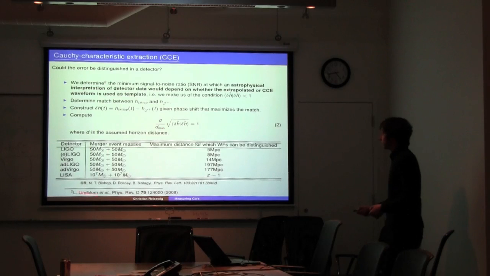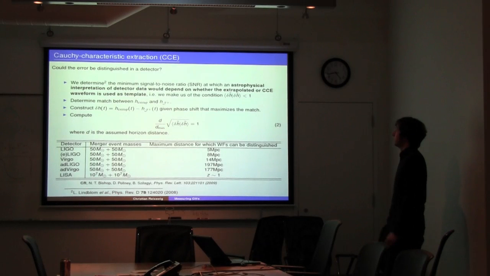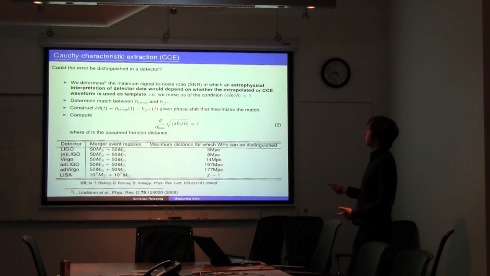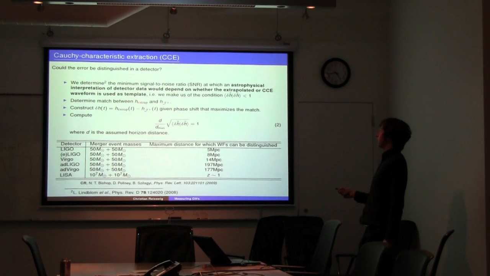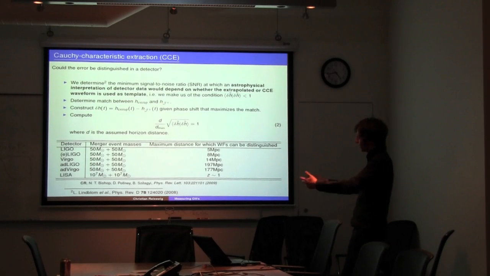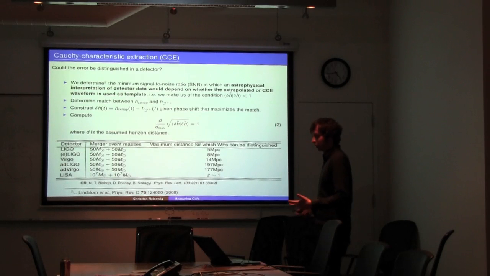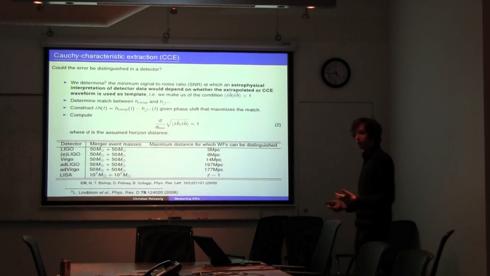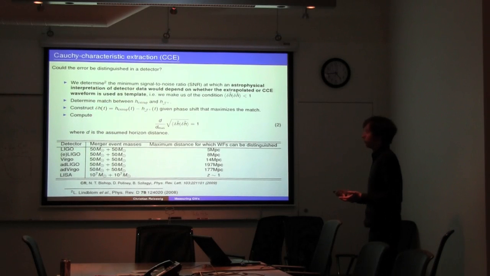There's a certain technique described in this Lindblom paper, which first computes the match between the extrapolated waveform and the waveform at scri plus, and then, given the phase that maximizes the match, you construct the difference in the time domain of these two waveforms.